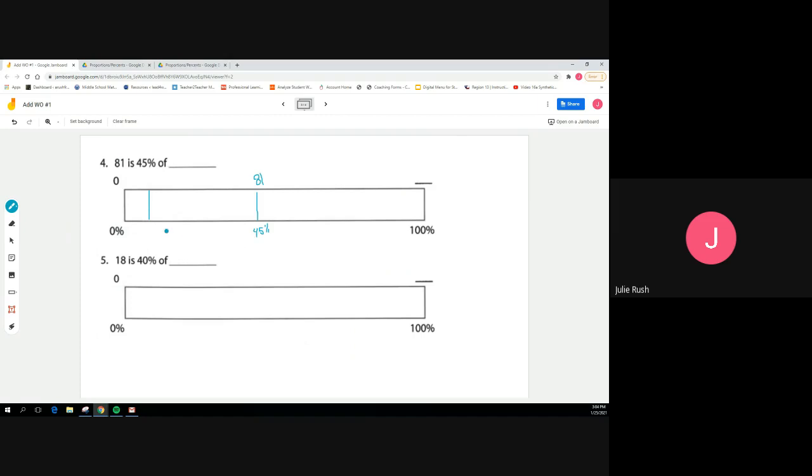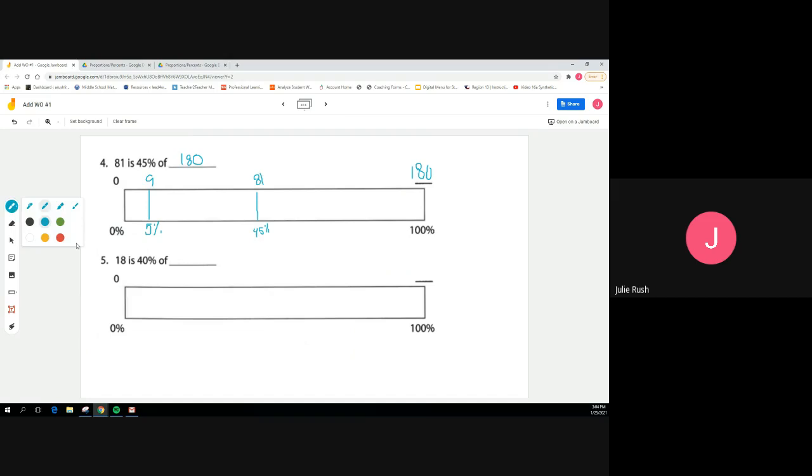That gives me 5% on the bottom. And 81 divided by 9 is 9. Now that I have that, 5 times 20 gives me 100. And then 9 times 20 gives me 180, because 9 times 2 gives me 18. So 9 times 20 would give me another place value. So 81 is 45% of 180.